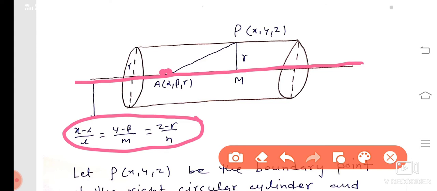And this is the generating line, and this is the radius of the circle, so this will be the radius of the cylinder. Now to find the general equation of the right circular cylinder, we consider an arbitrary point on the boundary of the cylinder, and the coordinates of this point are x, y, z.